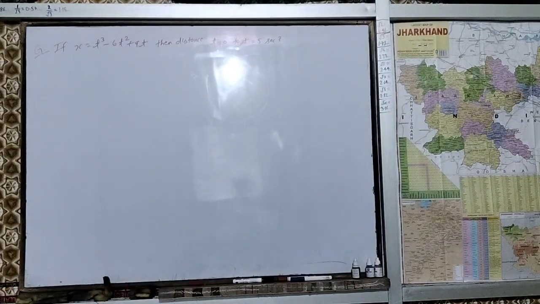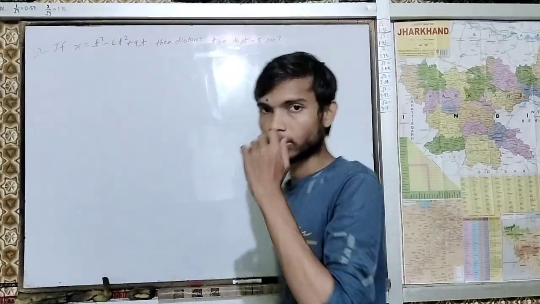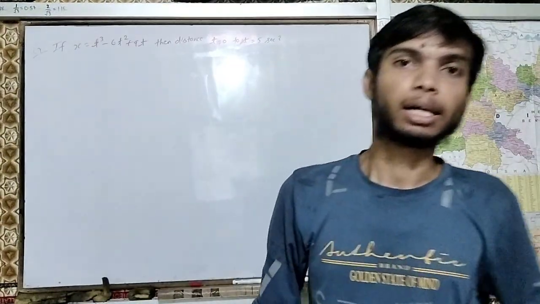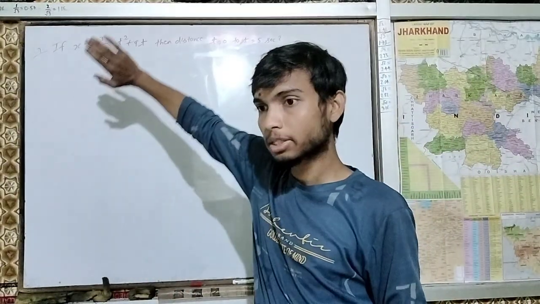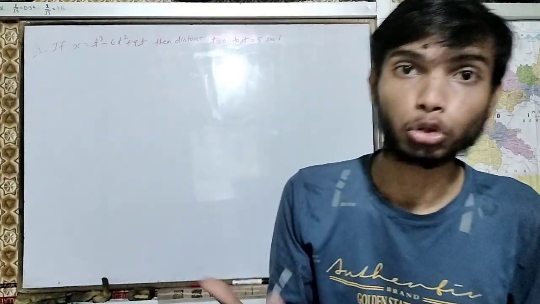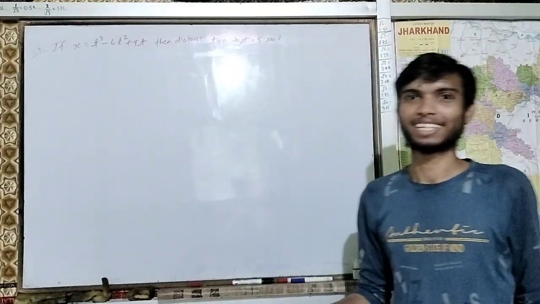Try to understand this question. There is an equation given by the question. The equation is x is equal to t raised to power 3 minus 6t raised to power 2 plus 9t. It's telling you the position of the object, but it's not providing an exact number for the position. It is an equation.